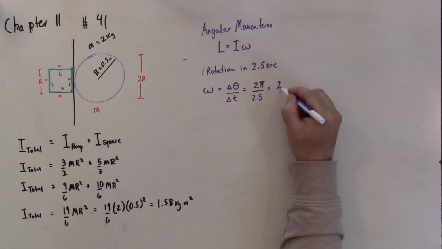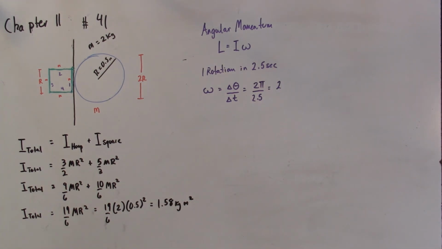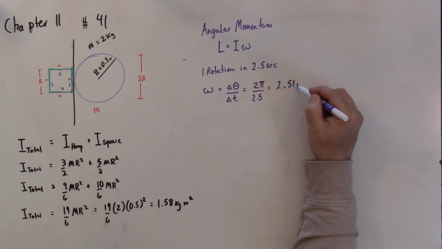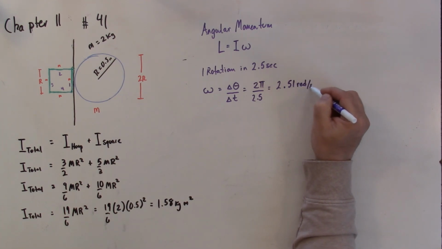So if we calculate that out, I'll get a better value for it. Sorry, hold on. So it's 2.51, and this is going to be radians per second.